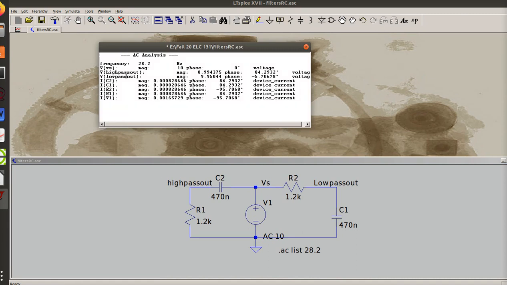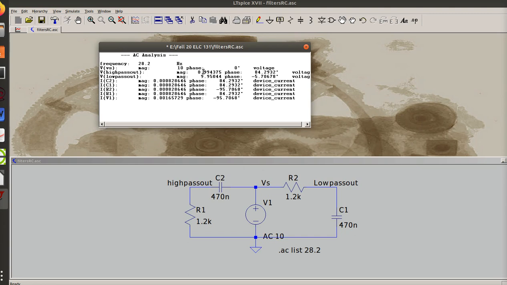Okay? So my high pass out, what you see is I'm down to less than a volt. Because I'm at a low frequency, and a high pass filter passes high frequencies, so it rejects low frequencies. And low pass filters pass low frequencies and reject high frequencies.